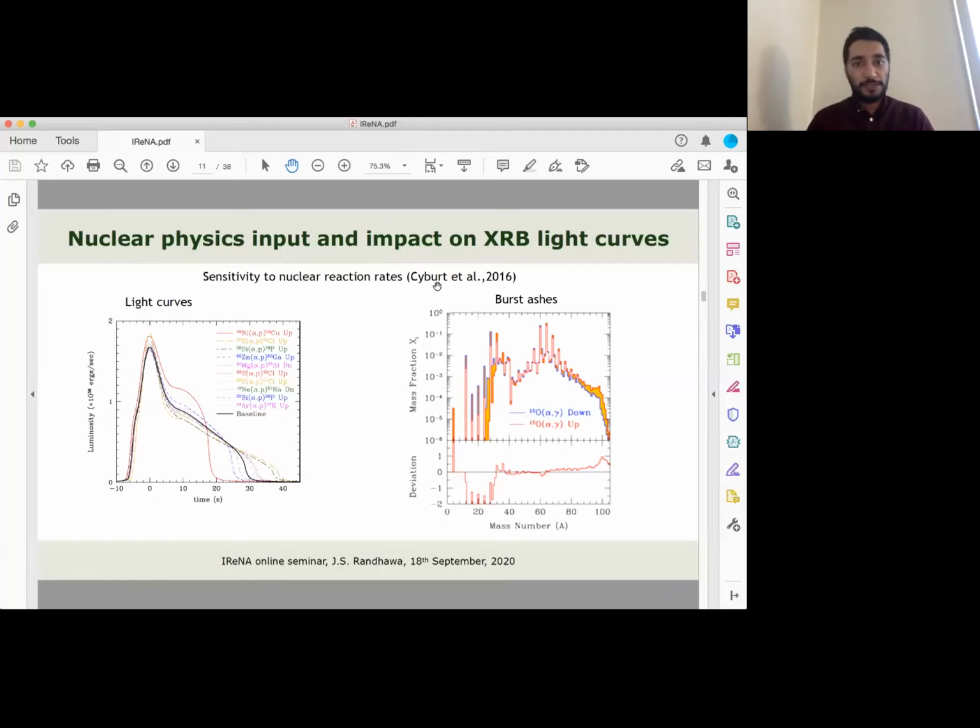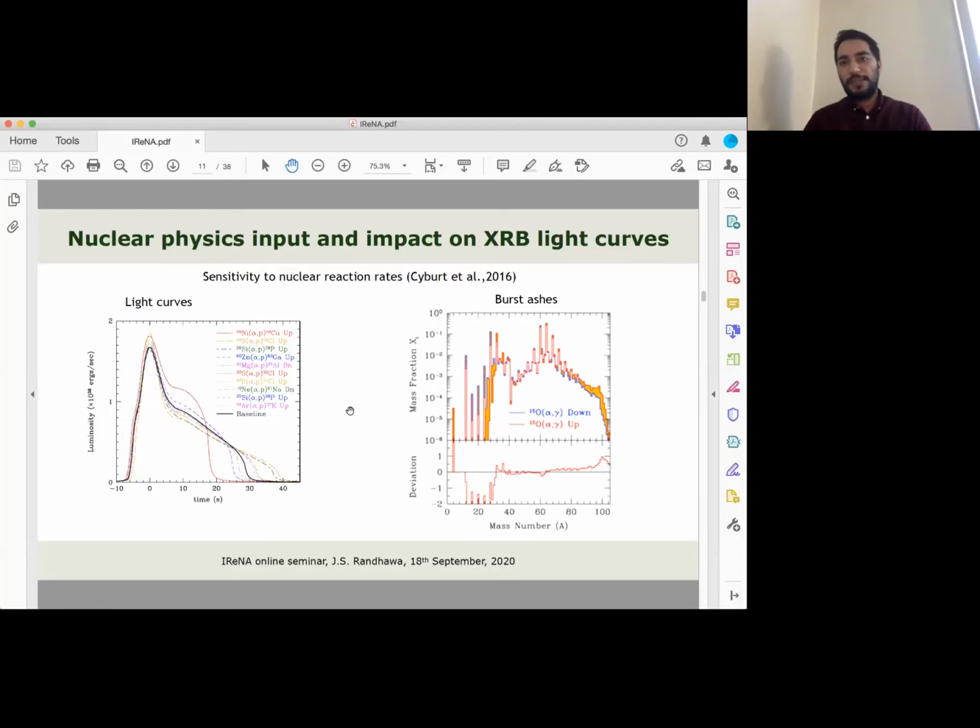One is a study by Richard Seibert, and what it shows is the impact of different (p,alpha) and (alpha,p) reaction rates on the X-ray burst light curves. On the right side is the impact of varying one of the reaction rates, 15O(alpha,gamma), up and down, and the impact on the burst ashes.